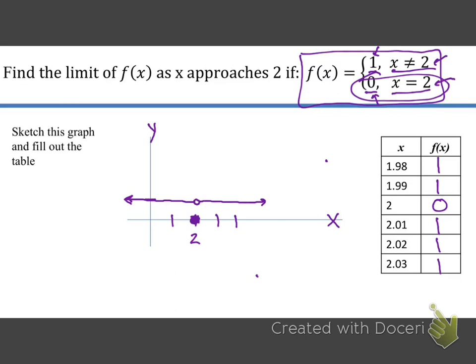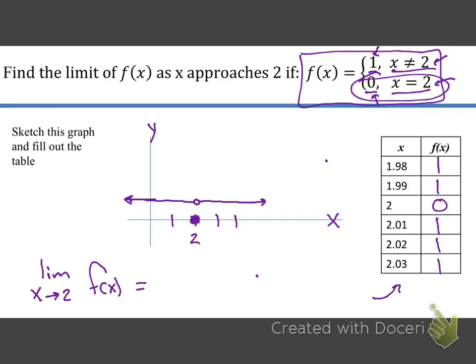The table is over there. Graph is right there. Now, our question asks, find the limit of f of x as x approaches 2. So let's write that down. The limit as x approaches 2 of f of x is equal to, so again, change colors here.